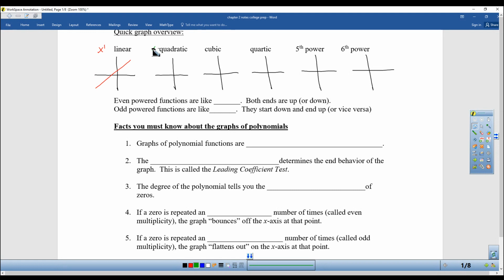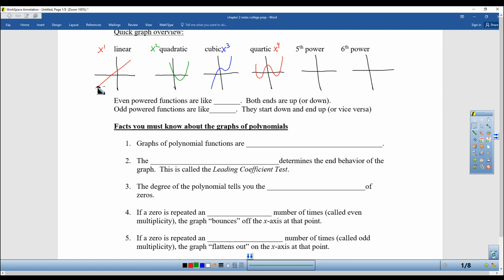If something is to the second power, it's going to be quadratic. If something is to the third power, we call it cubic. If something is to the fourth power, we call it quartic. The fifth power, have you noticed the pattern yet?